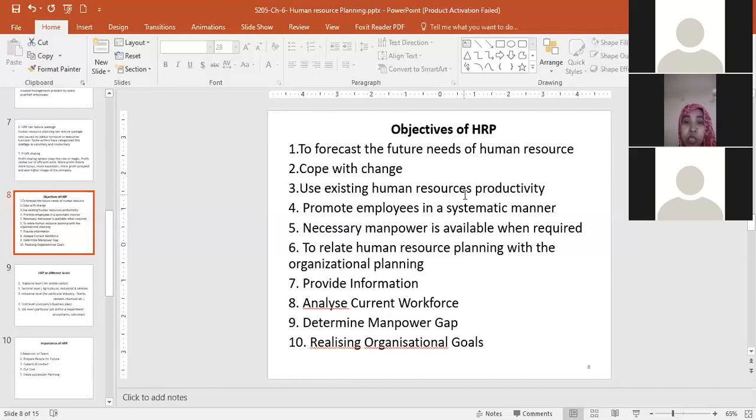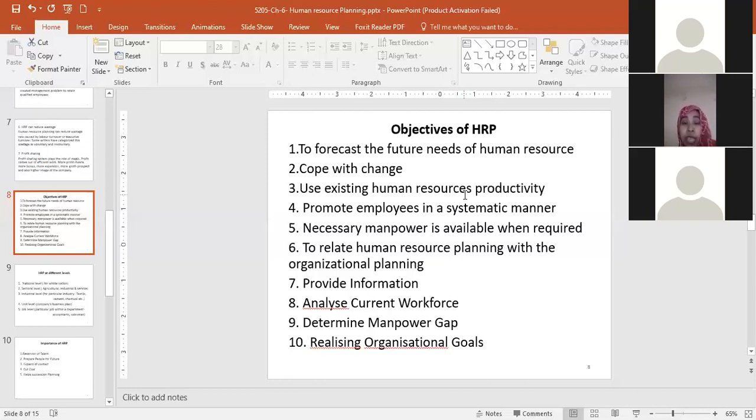The human resource planning has to analyze the current workforce. And one more objective of human resource planning is to determine the manpower gap. Of course, human resource planning needs to determine the manpower gap of that institution.